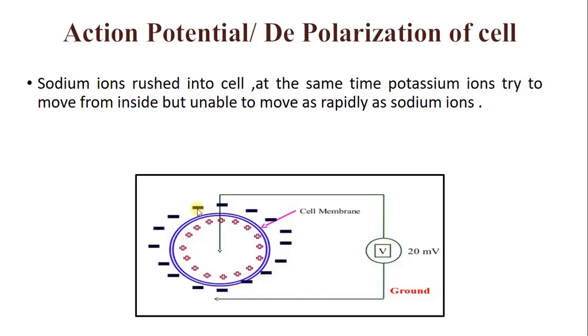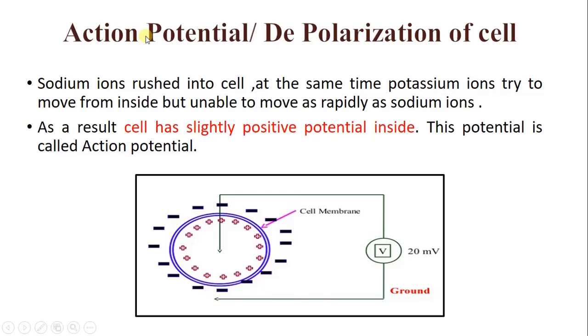So we have the chloride ions negatively charged outside, and the concentration of positively charged potassium and sodium ions will be more. So you can see the inside of the cell will be more positive than the outside of the cell, and if we measure the potential from inside with respect to outside, the potential will be positive, and that potential is nothing but the action potential, and the typical value of action potential is 20 millivolts.